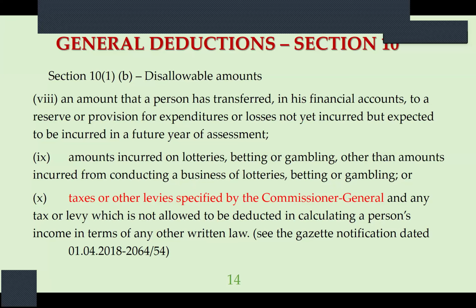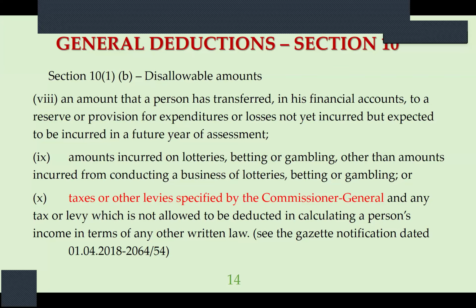So what are the deductions? If we won a lottery, what deductions can we consider? The deduction can be the lottery purchasing amount, but that kind of expense is not allowable as a deduction. That is what it says.